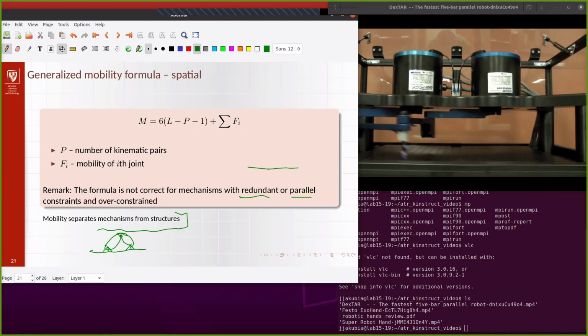What are the parallel constraints? It is when we imagine such a construction. Let's say we have a block at the top, we have a ground, we have joints here, and we just connect these joints to the block.